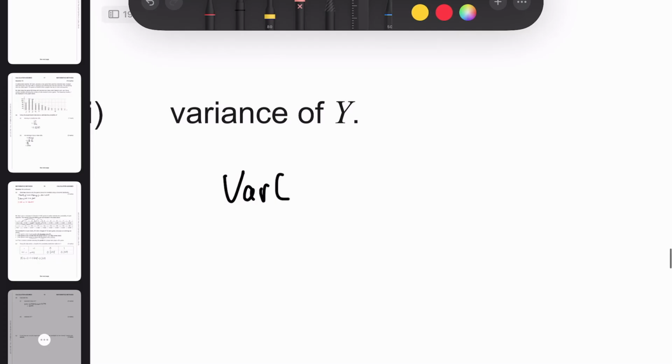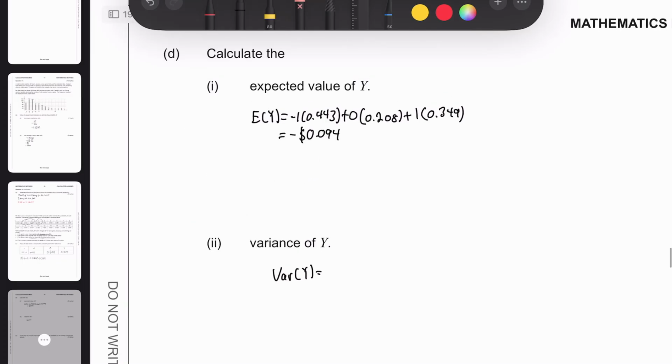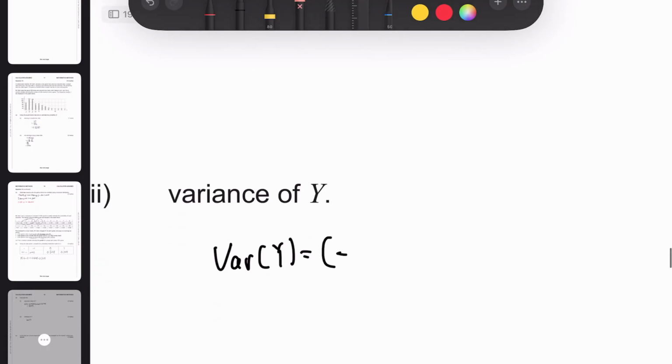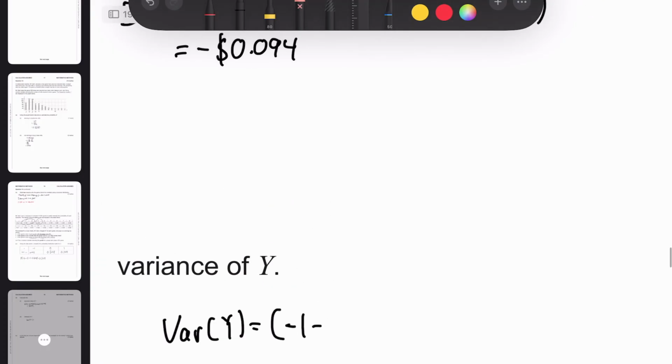Now the variance of Y is just going to be the difference from each of these to the mean, which is our expected value here, times the probability. So we're going to have negative 1 minus 0.09. Actually, wait.